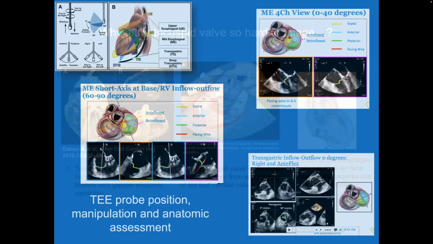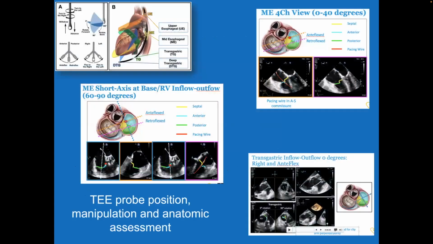This is a diagram out of the transesophageal guideline on the top left, which I think is important to understand, so we're talking the same language about flexion to left and right, antiflex, retroflex, and then rotation of the probe.